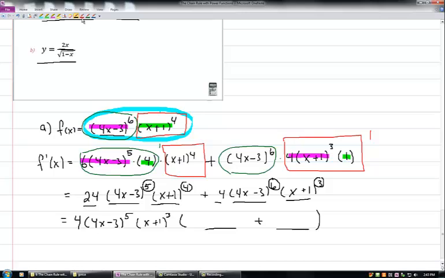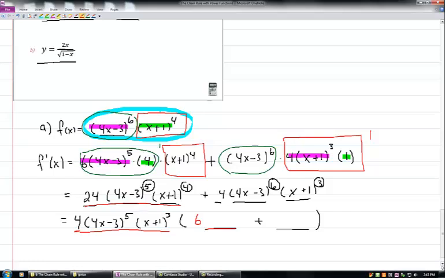And let's change the color here so you can kind of see what I'm doing. So the idea is I'm going to take this times something here, and it should give me back this 24, 4x minus 3 to the 5th, x plus 1 to the 4th. And so I have a 4 right here, and so I'm going to need a 6, because 4 times 6 is 24.